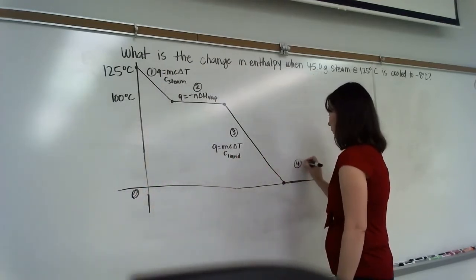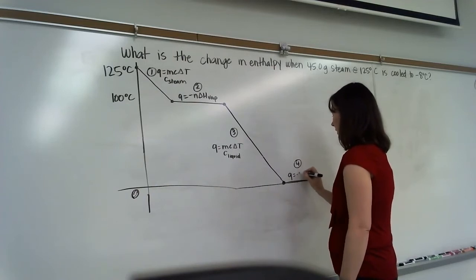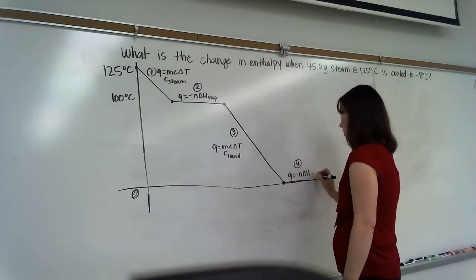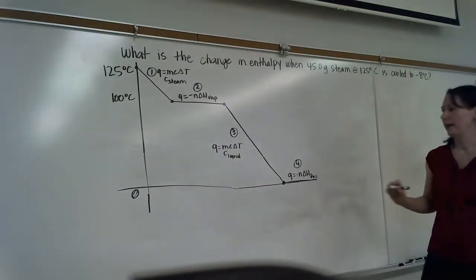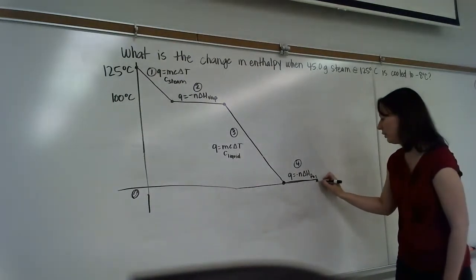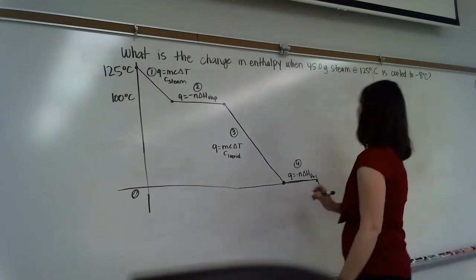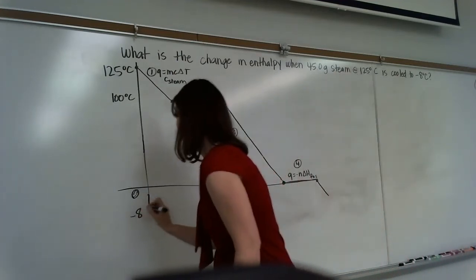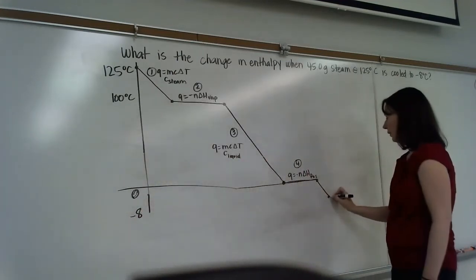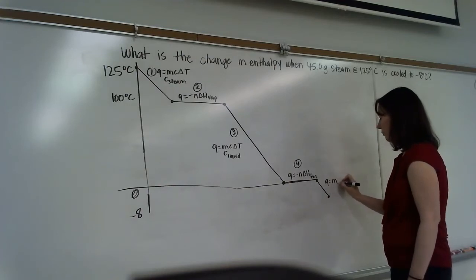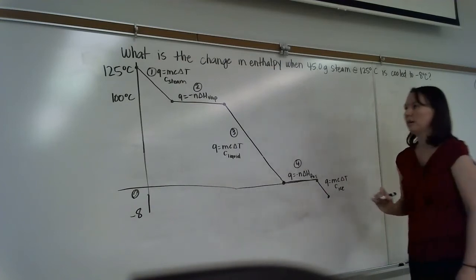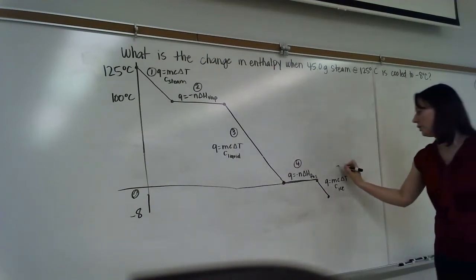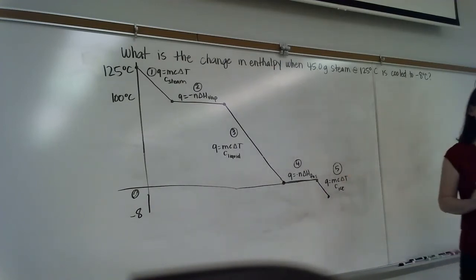So calculation number 4, Q equals negative N delta H of fusion. And now we've got to cool it down to -8. So Q equals MC delta T using the C of ice. That's calculation number 5. And then we add them all up.